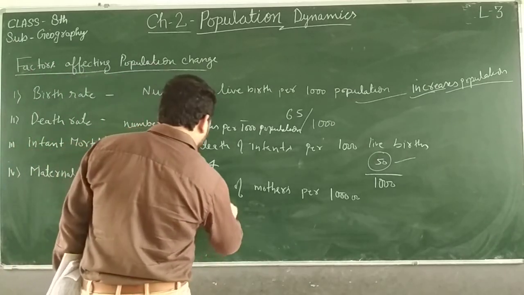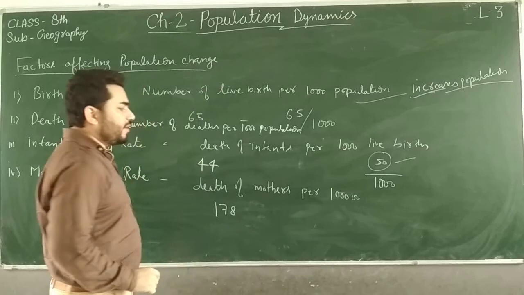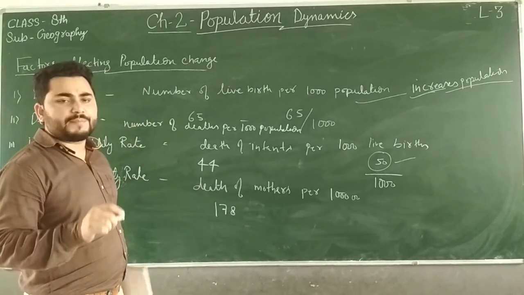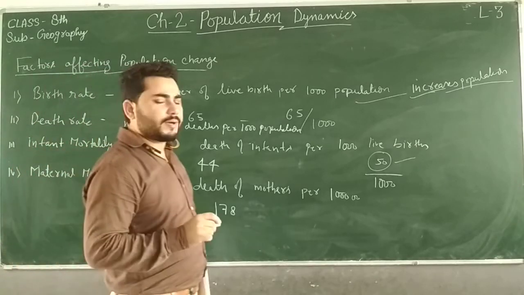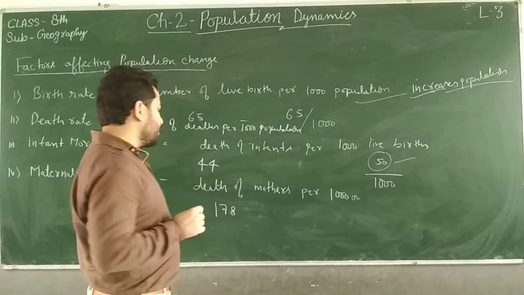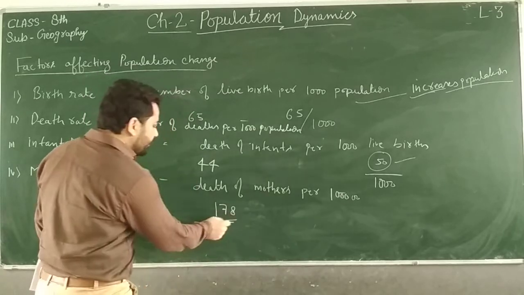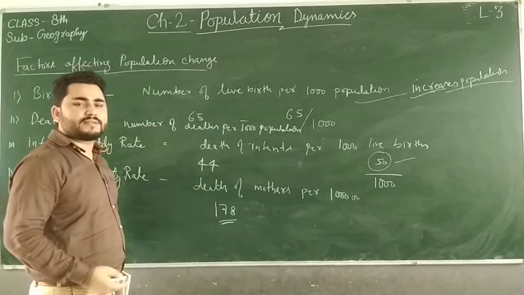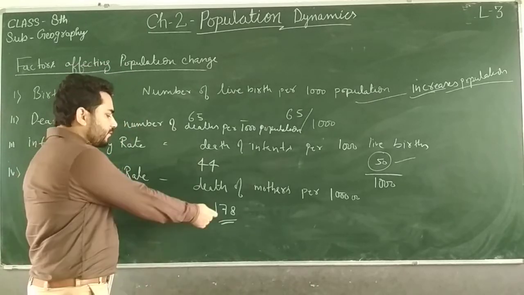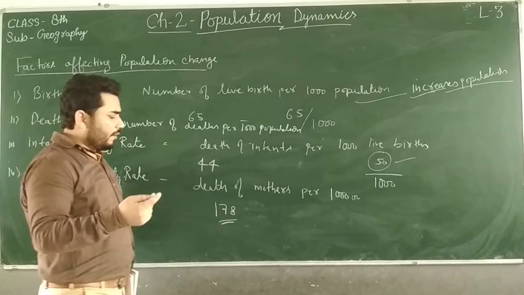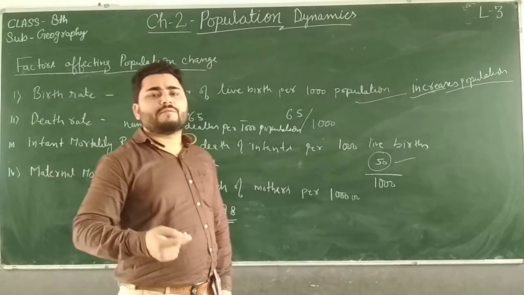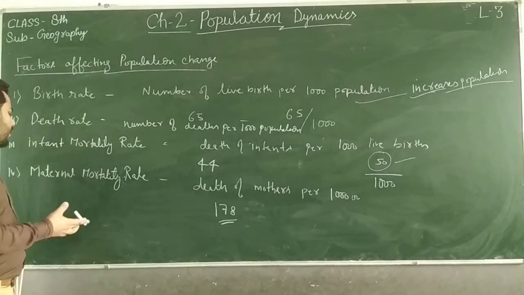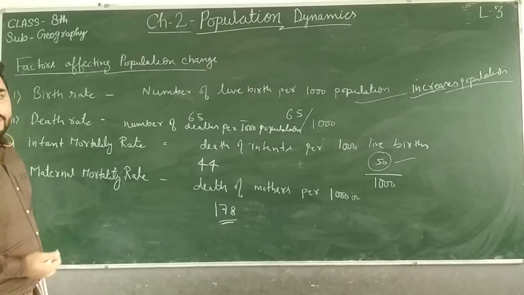It is 178 in India. It means that if 1 lakh women are giving birth to their children, around 178 pregnant women die during the delivery of their babies. So that is called maternal mortality rate.